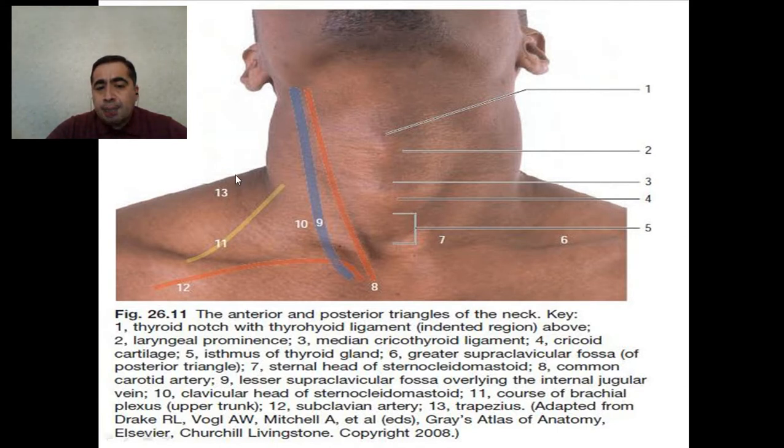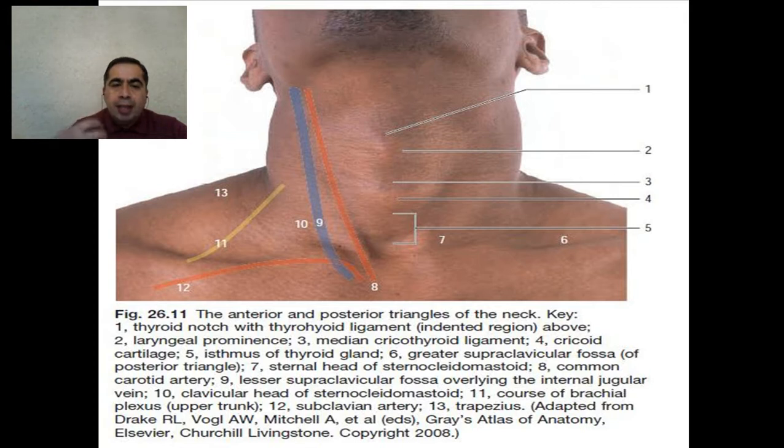Here it explains the lateral head or the clavicular head of the sternocleidomastoid muscle. Look at the course of the brachial plexus, which is palpable onto the supraclavicular region.